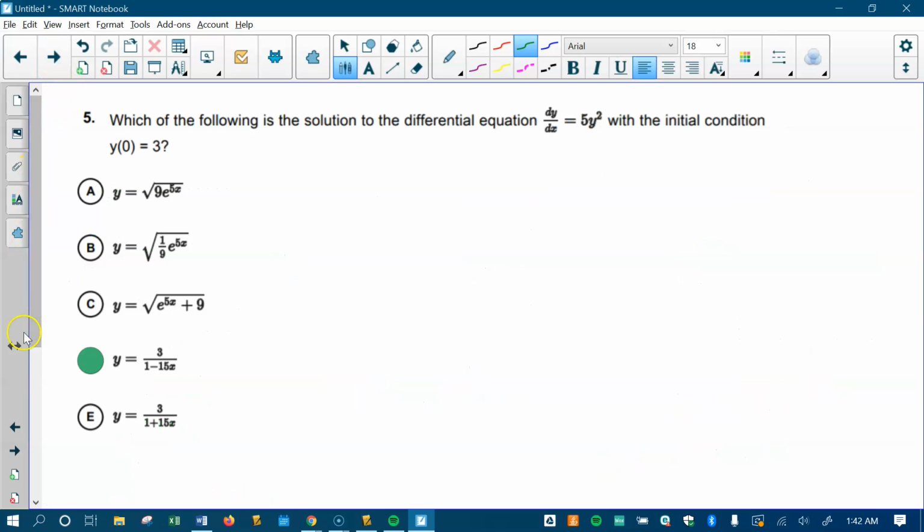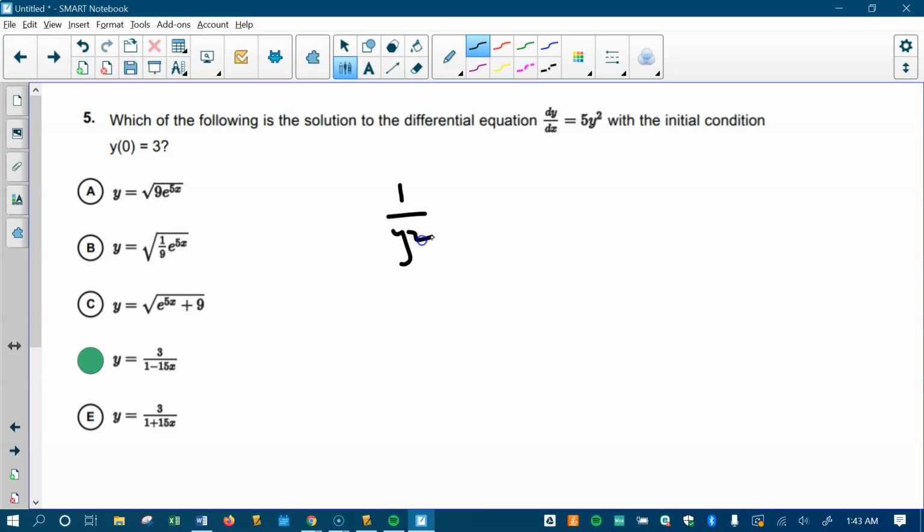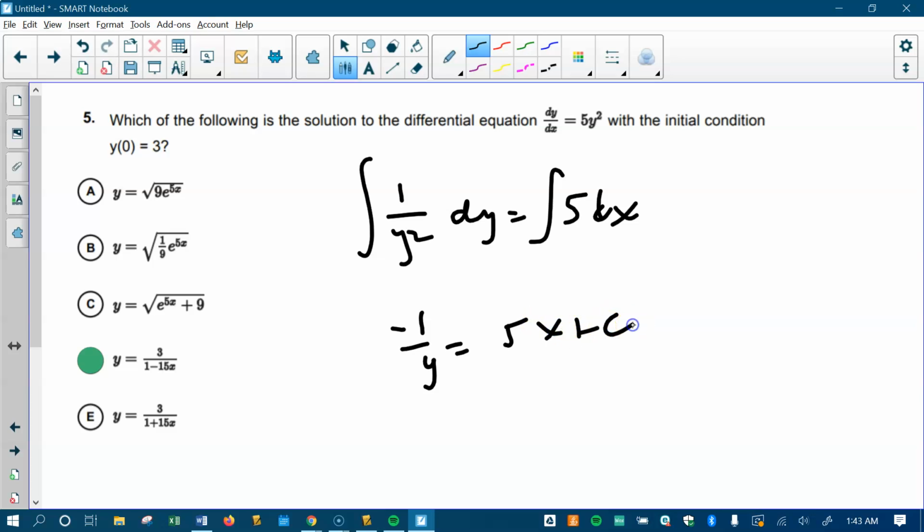Okay, number 5. Which of the following is the solution to the differential equation? So let's go and solve this one. I've got to separate the variables first. I got 1 over y squared dy equals 5 dx. I integrate. This one we did before: -1 over y equals 5x plus c. Now I'm going to plug in 0, 3.